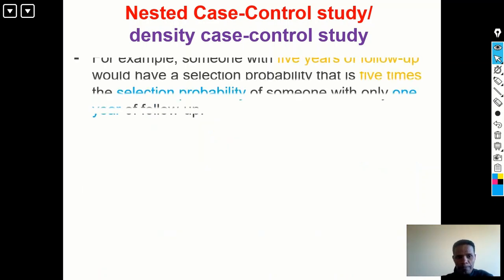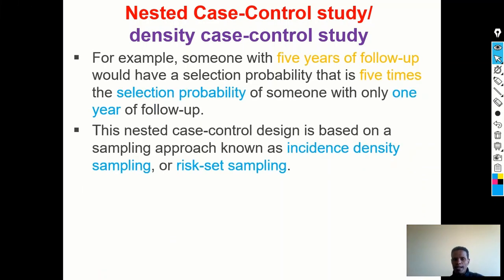Someone with 5 years of follow-up would have a selection probability that is 5 times the selection probability of someone with only 1 year of follow-up. So the probability of being selected is proportional to the time that the individual is staying in the follow-up period.